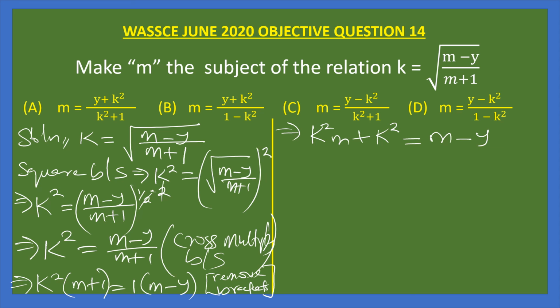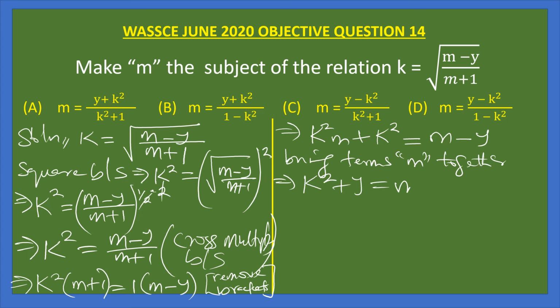Y. Now from here, I want to make M the subject of the formula, so M needs to stand alone. So we bring terms containing M together. Now this gives us K squared plus Y as equal to M minus K squared M. Now, if you look at this, K squared here is positive.